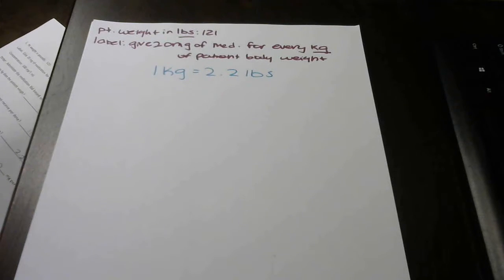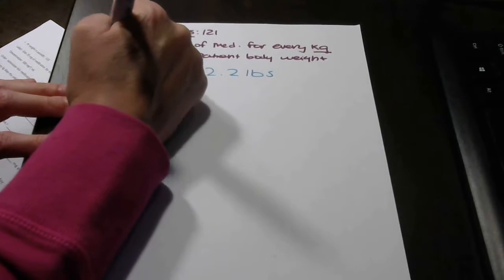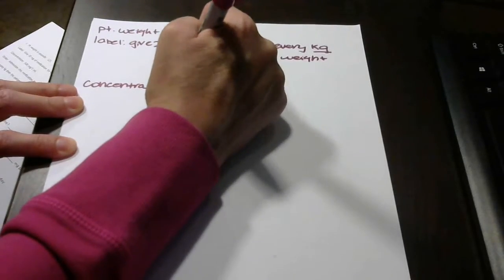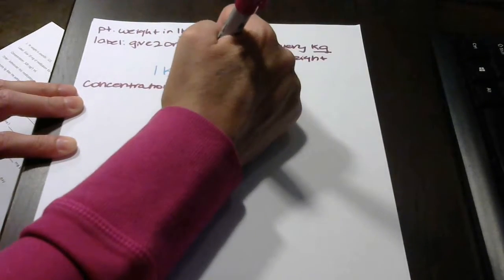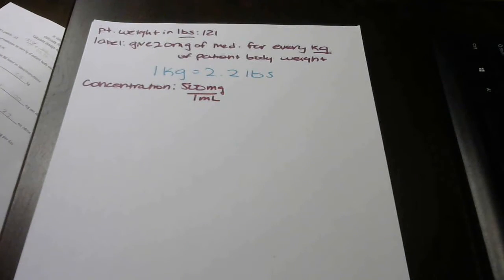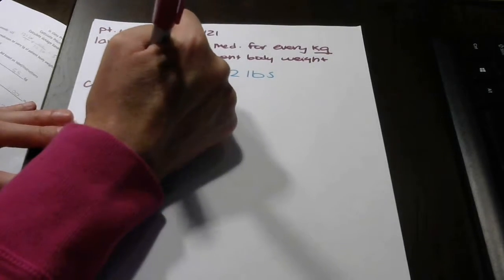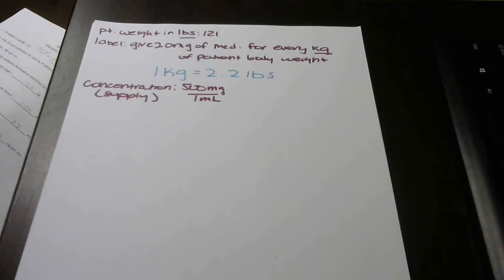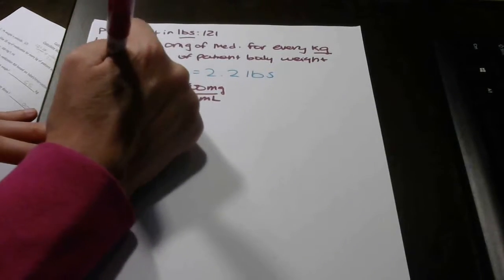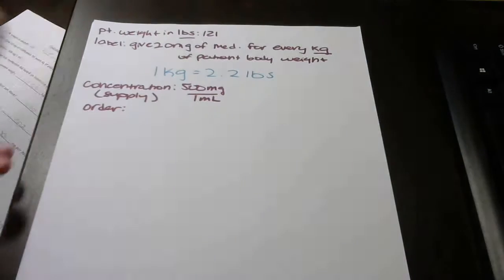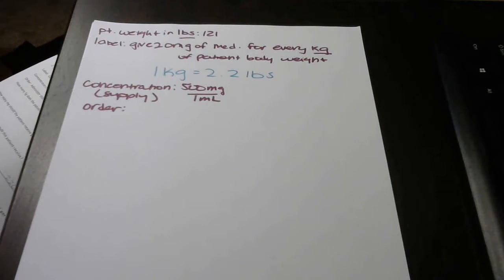Okay, and then it says the concentration of the medication is 500 milligrams per 1 milliliter. And concentration, that's just another way to say supply. So you can just think of that like your supply. And then the order says, administer this medication BID based on label instructions.